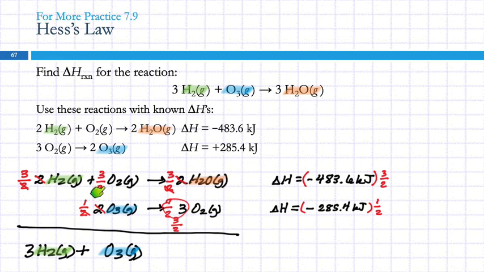I've got 3/2 O2 here, and I have 3/2 O2 there. Same amount on both sides. So we can cross those out. And then going to the other side, what I've got left over there is 3H2O.